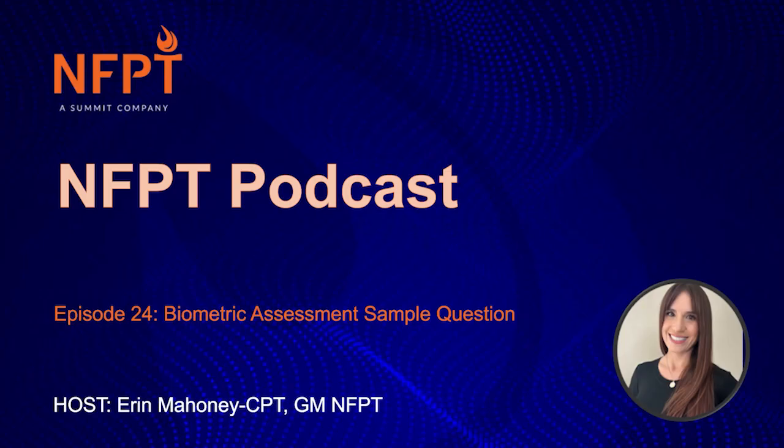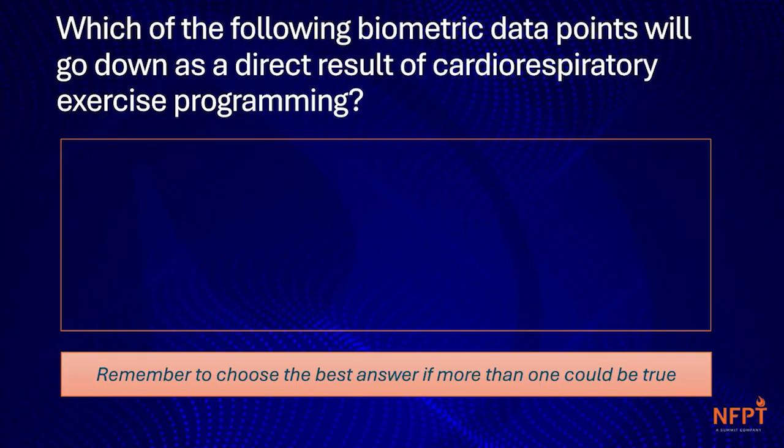I'm going to read you the question, and then I'm going to read you the answer options, and we'll talk through which answer options are incorrect and which one is correct. So here's the question. Which of the following biometric data points will go down as a direct result of cardiorespiratory exercise programming?